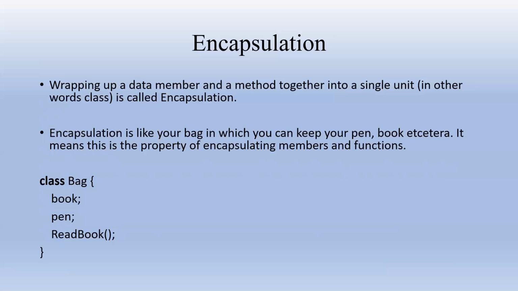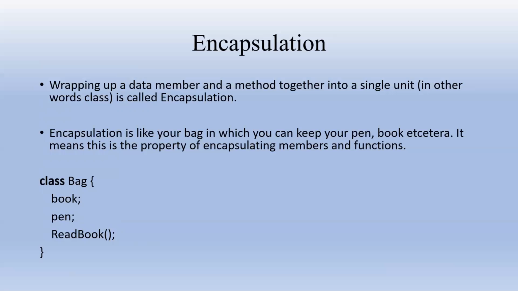Next comes encapsulation. Encapsulation in layman terms is wrapping up all the data members and the functions together into a single unit, or a single capsule. An example is your bag, in which you can keep your pen, book, etc. It is the property of encapsulating members and functions.